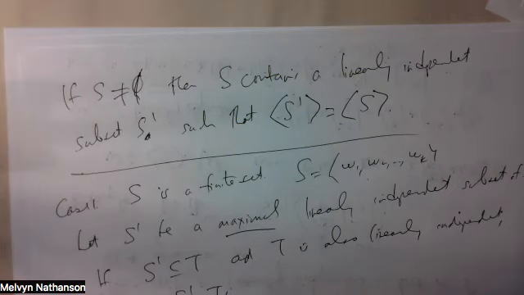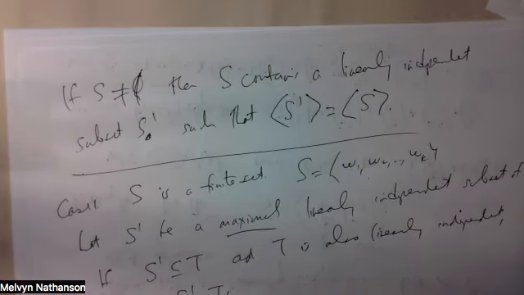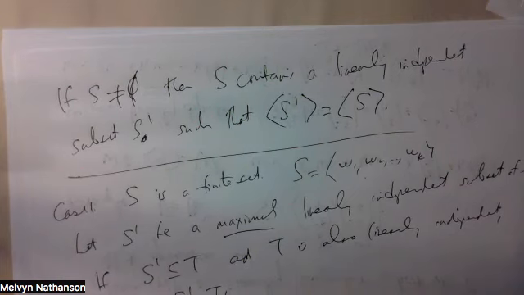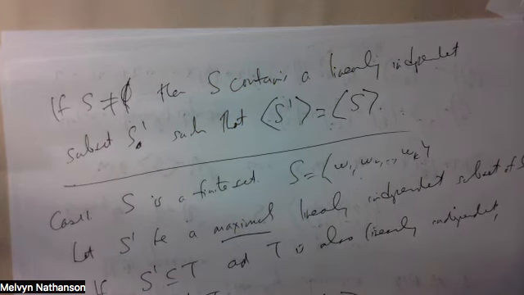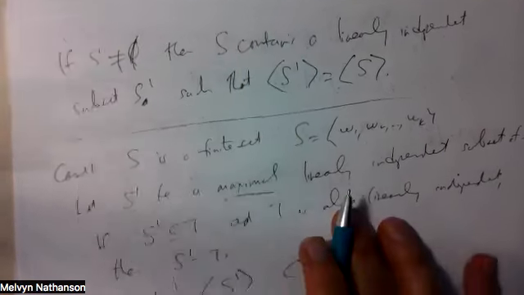Okay. So suppose we let W prime be the subspace generated by S prime. So this is contained in the subspace generated by S, which is W.